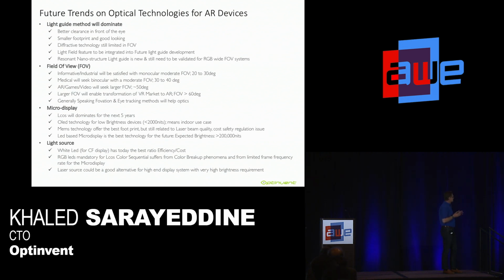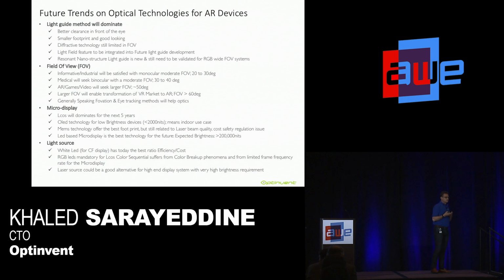Now, for the components today, the microdisplay, which is used to generate the image, you have different techniques. Here, LCOS, which is liquid crystal on silicon, is the technology that is most used today. I think it should be there for the next 5 years.